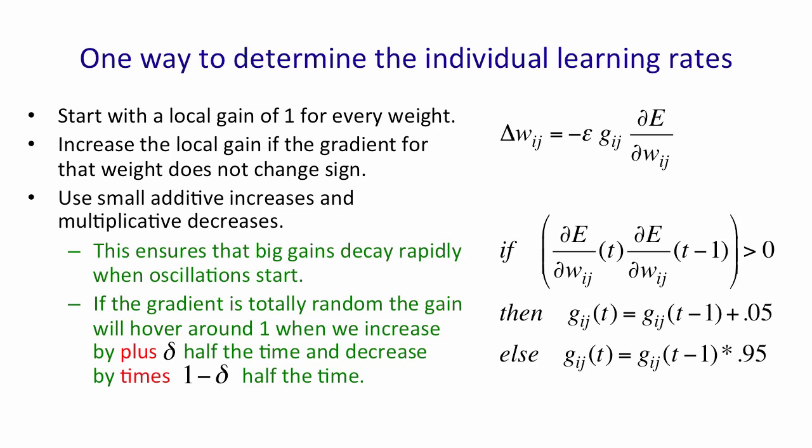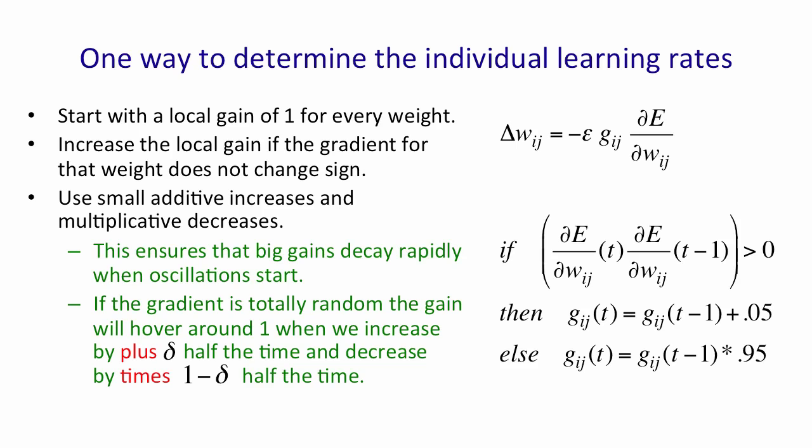It's interesting to ask what would happen if the gradient was totally random. So on each update of the weights, pick a random gradient. Then you'll get an equal number of increases and decreases, because it will equally often be the same sign as the previous gradient or the opposite sign. And so you'll get a bunch of additive 0.05 increases and multiplicative 0.95 decreases, and they have an equilibrium point, which is when the gain is 1.